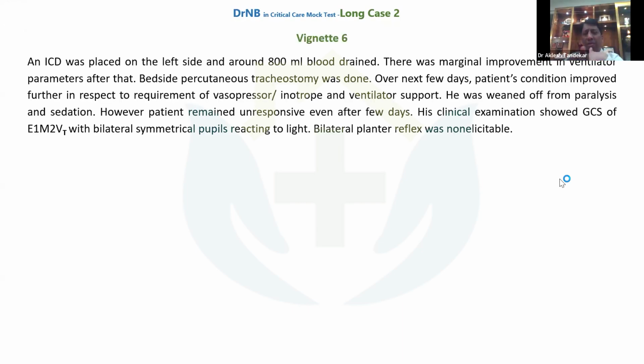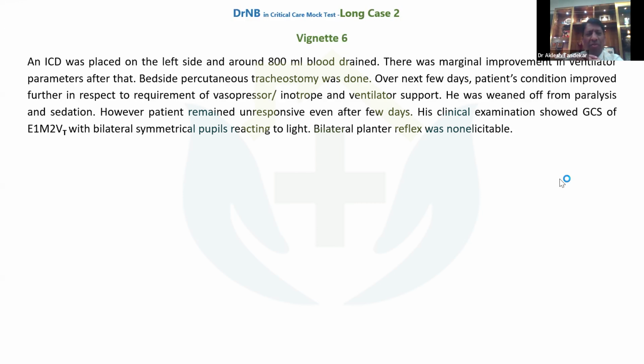Okay. So this patient had a left-sided collection, and then the ICD was placed. 800 ml of blood was drained, and there was marginal improvement in the ventilator parameters after that. This patient also underwent percutaneous tracheostomy. And then later on, the patient's condition improved with respect to vasopressors and inotropes and ventilator support.